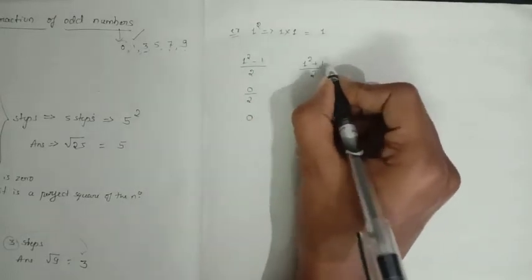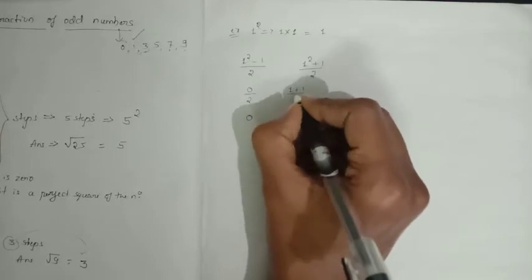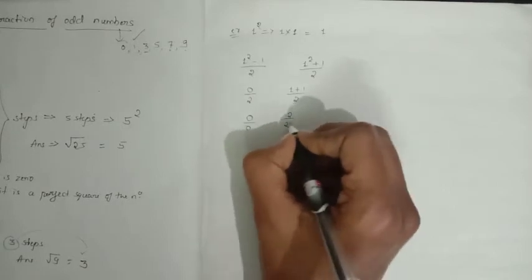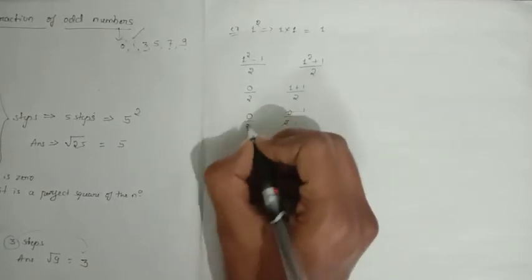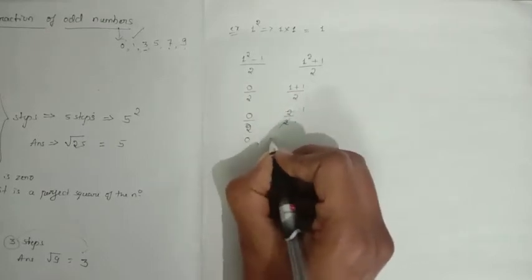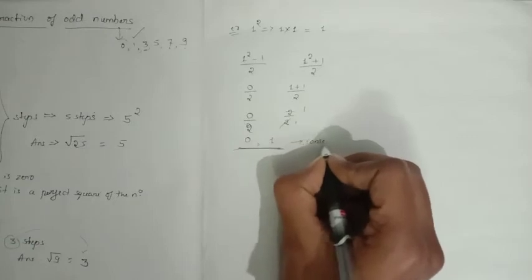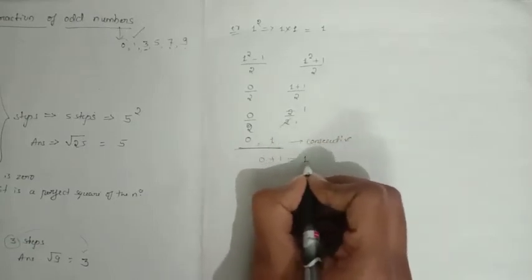Then 1 square plus 1 is 1 plus 1, that is 2, and 2 by 2 is 1. So 0 by 2 is 0 and 2 by 2 is 1. These are the consecutive numbers, and if you add 0 plus 1 you get the answer 1.